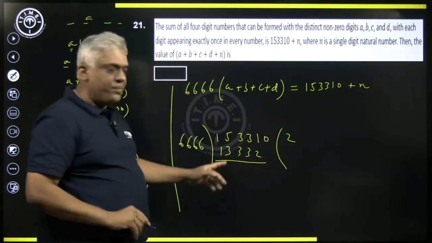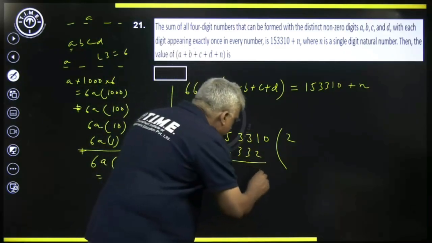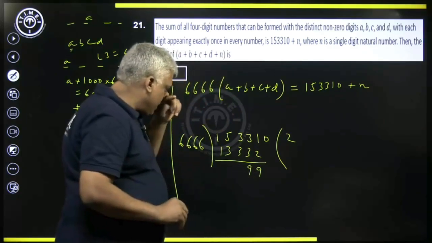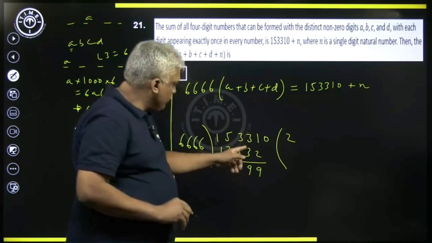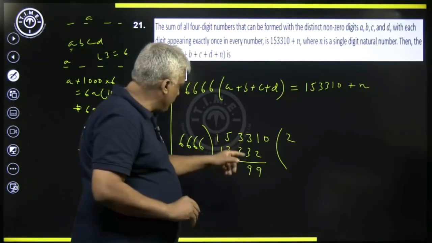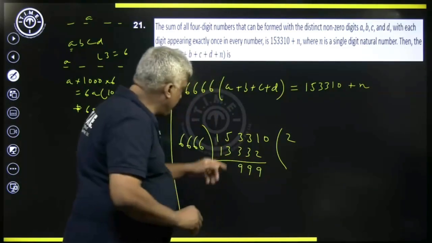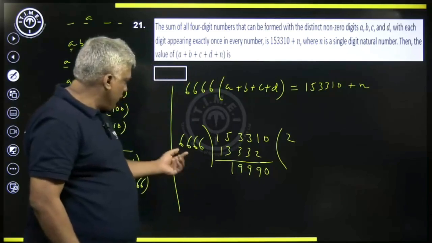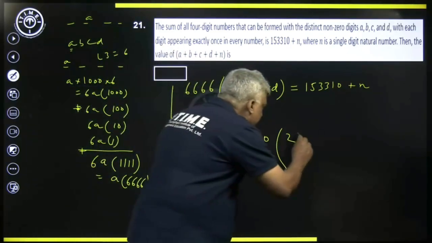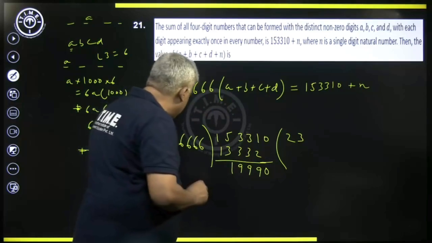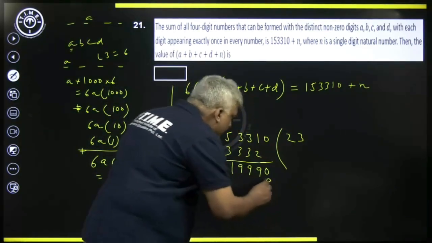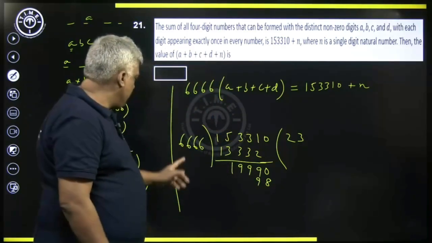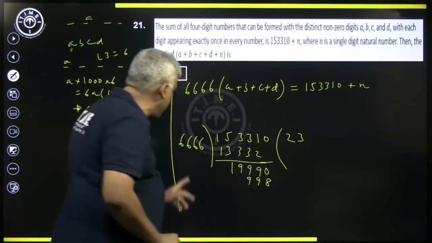So let us subtract. It comes to 20 thousand something, and then the next digit goes around 3 times. So 3 times 6 is 18, carry 1, 19998, and so on.